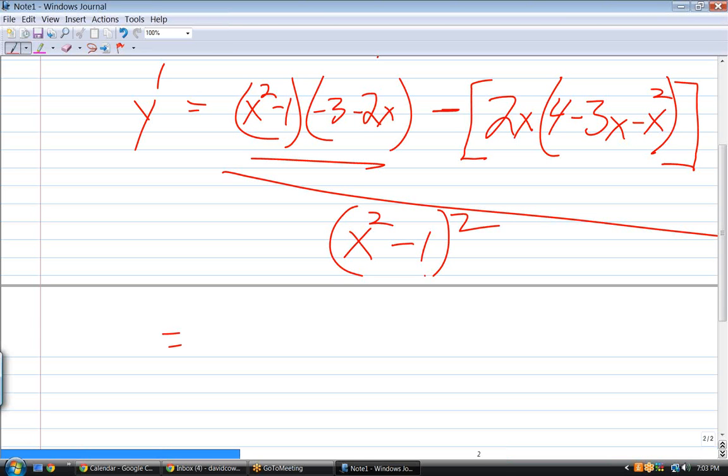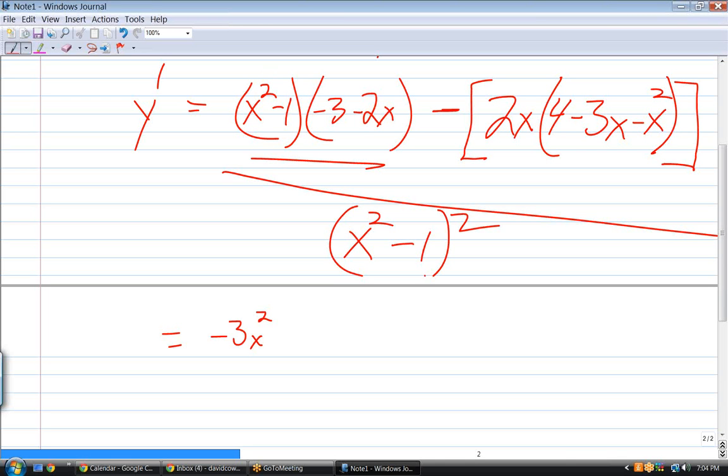Just do it term by term, and I'll write it as you say it. Okay, so negative 3x squared. Plus 2x. One thing when you're foiling, I feel much more comfortable if you use a steady method that's the same every time.